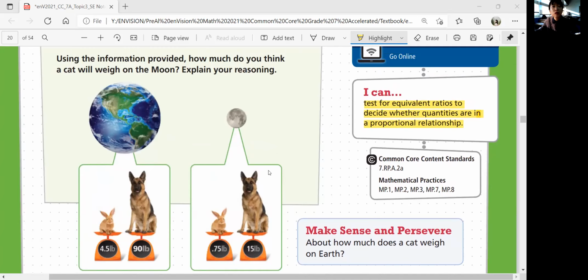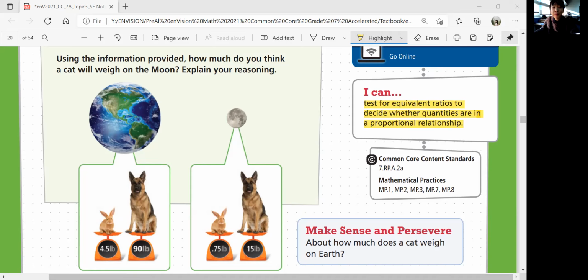So first, you might think about how much the cat would weigh on the Earth, right? Have you ever seen a video of someone walking on the moon? Could they walk like that on Earth? You can easily hop on the moon, but on the Earth, we have stronger gravity, so that's not easy for us to do.